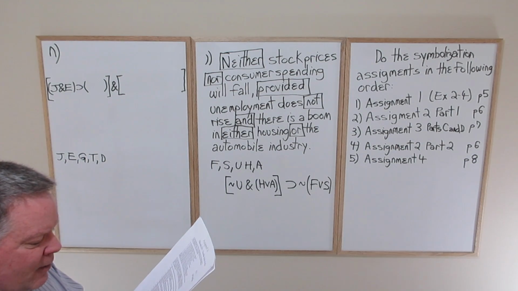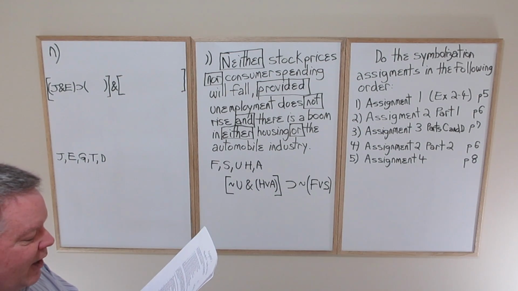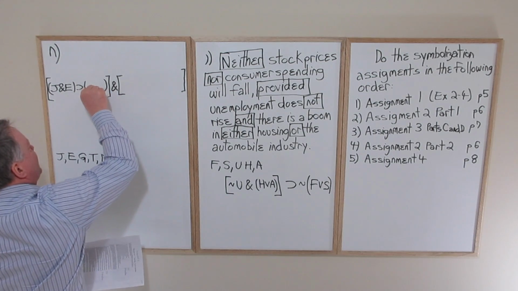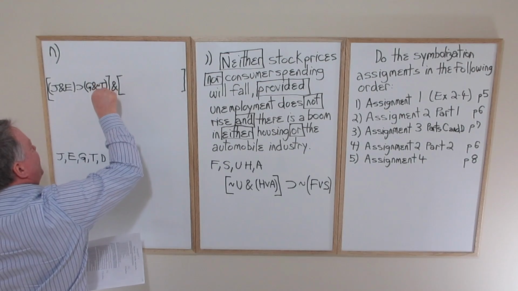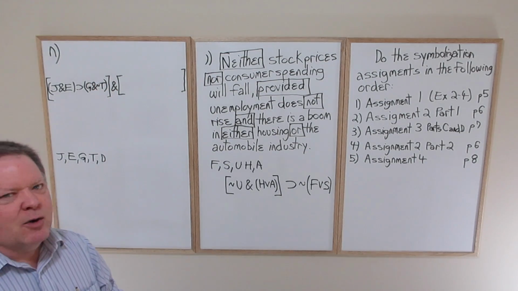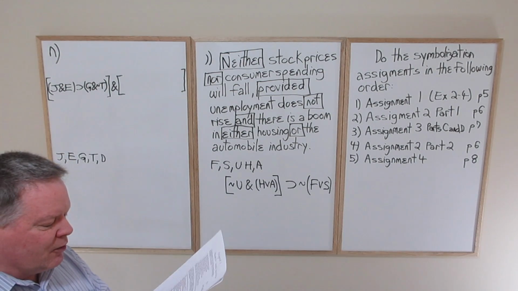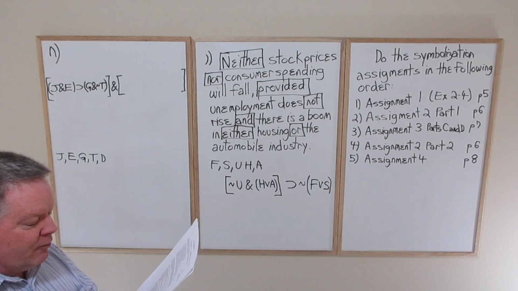That's going to happen only if government spending is increased and taxes are not raised. So G and tilde T. Are we done yet? Well, we're done the first half. Now we can move to consider the other conjunct, which is after the word however.